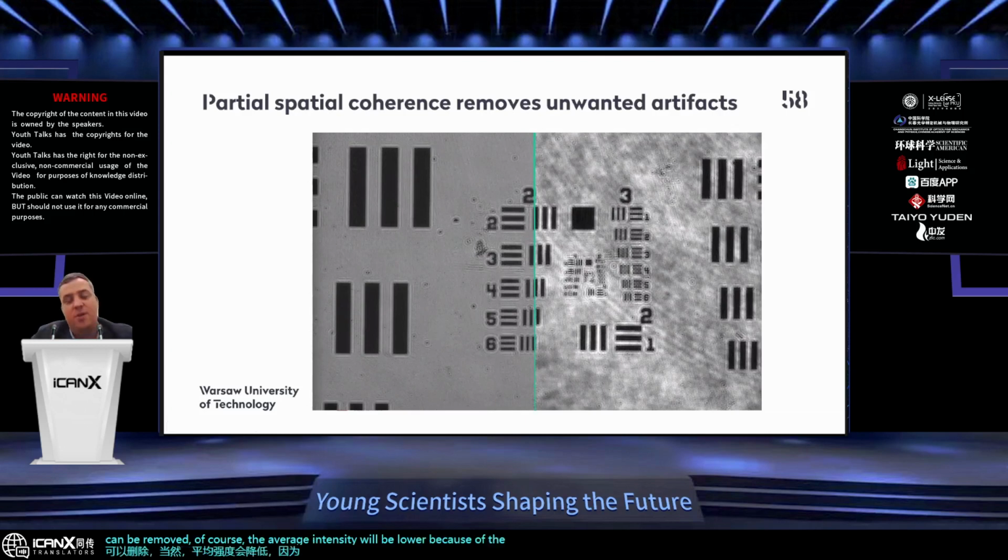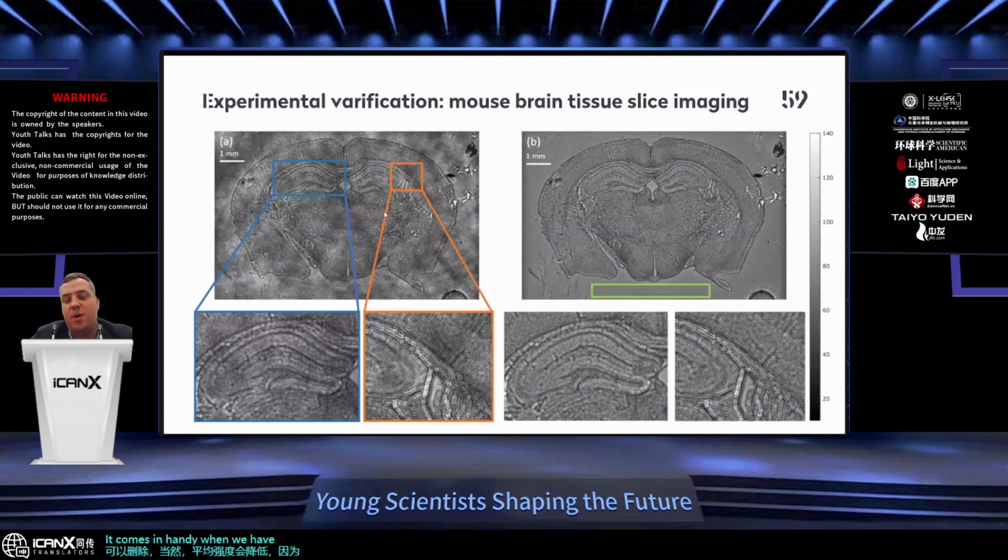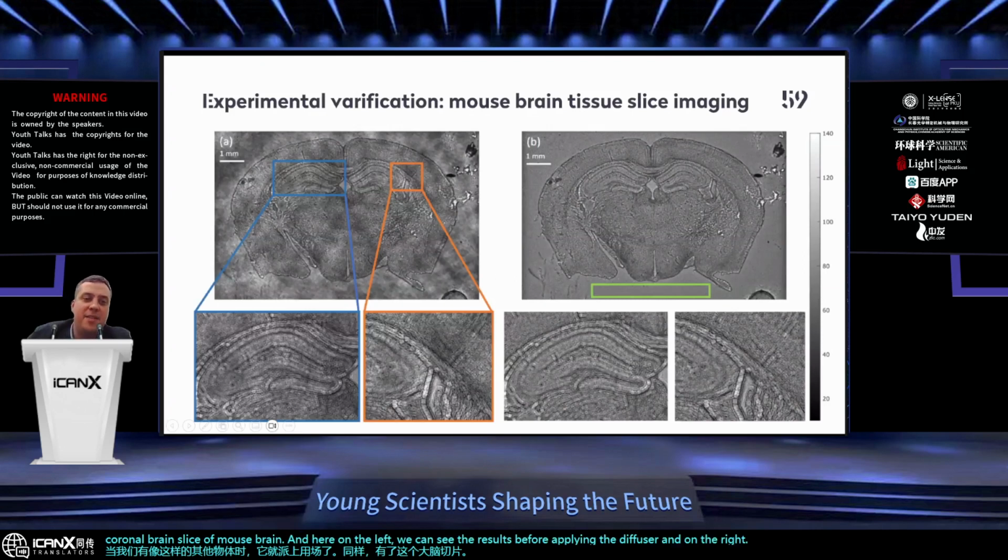It comes in handy when we have objects like this, again, a coronal brain slice of a mouse's brain. On the left, we can see the results before applying the diffuser, and on the right, after applying the diffuser. We can see that the speckle pattern visible on the left is removed, and that's why we no longer have the ambiguity whether the speckles, whether they are darker or brighter, are actually part of the physical information about our slice or just an artifact.